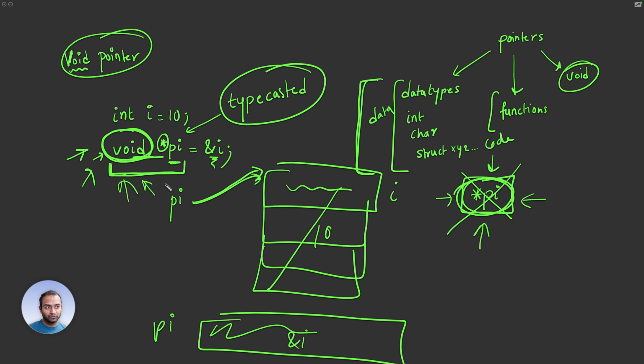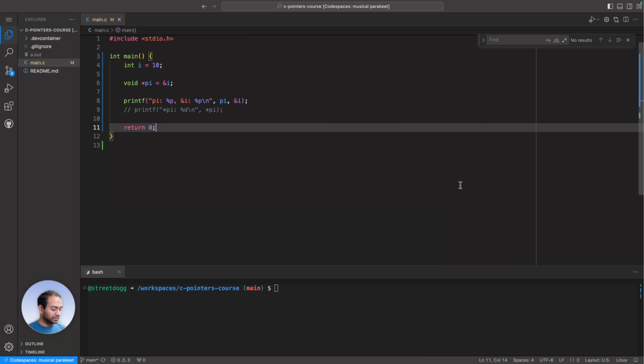For this video, just remember that the way to define or declare a void pointer is by using the keyword void, and that void pointers cannot be dereferenced on their own. That's the only thing. Now then, let's go ahead and take a look at an example.